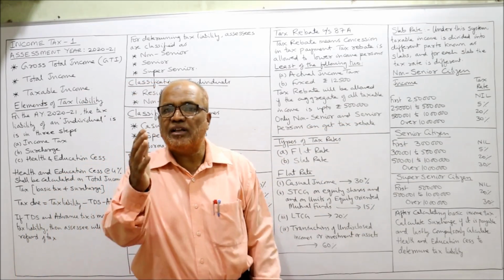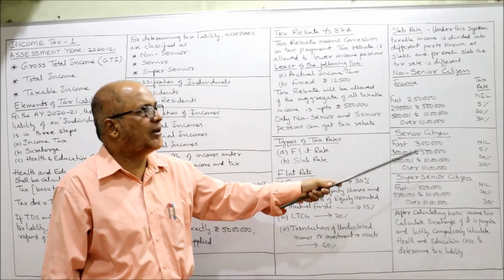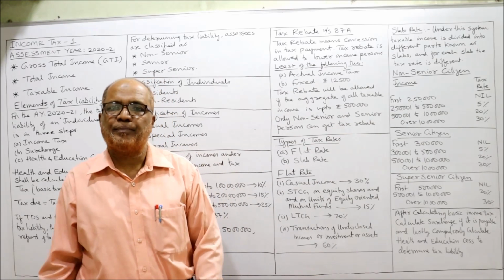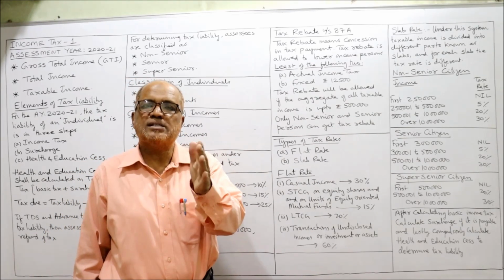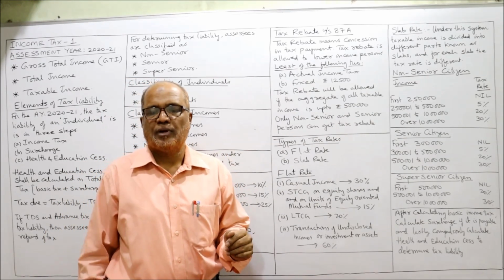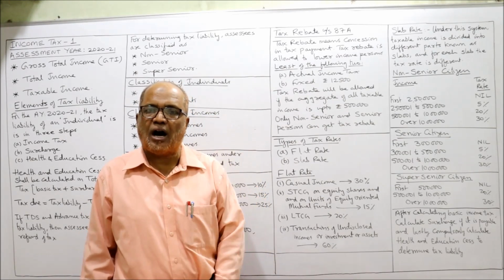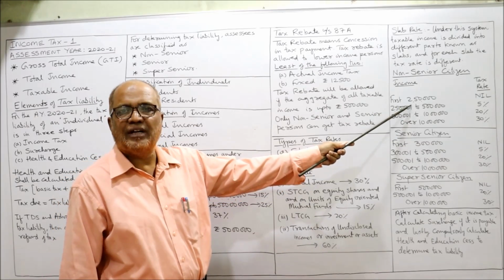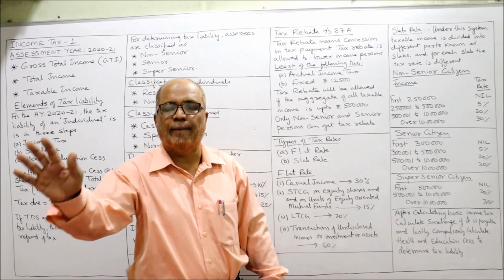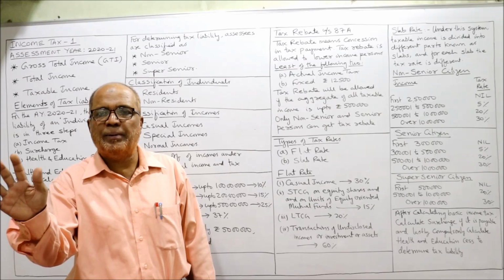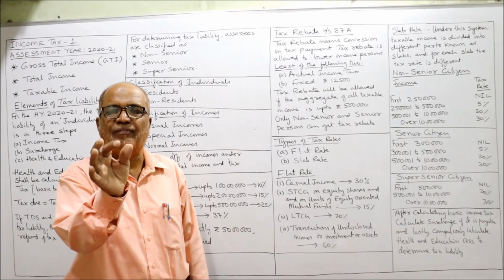So what are the different slabs? Now I am going to explain. Non-senior citizen, an assessee who is up to 60 years of age. The slabs are: first 2,50,000, the tax rate is nil. No tax will be applied for the first 2,50,000.